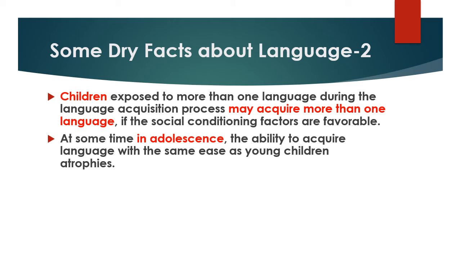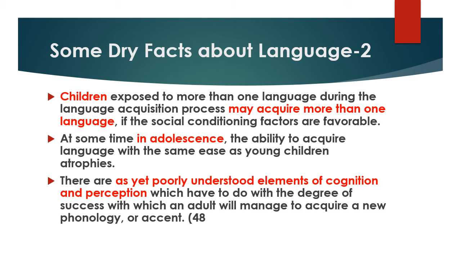So, we cannot acquire the language with the same comfort as young children. And the writer is also stating that there are things about accent, our cognition and perception, that we have not understood much over time.